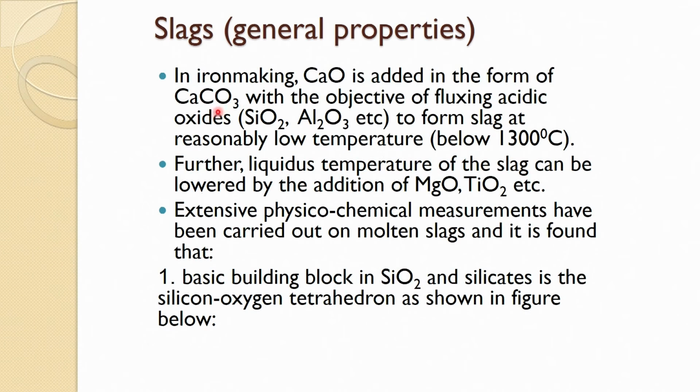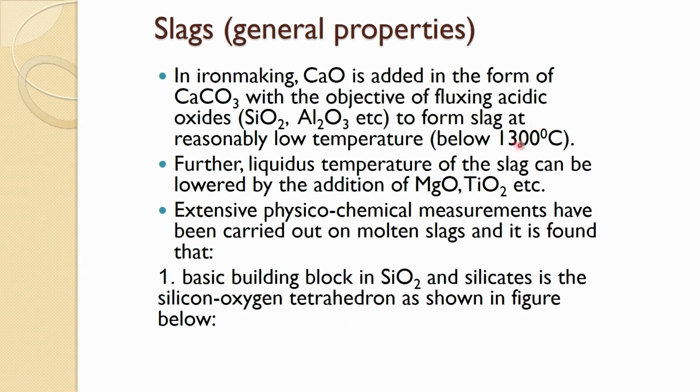It is added in the form of CaCO3 with the objective of fluxing acidic oxides like SiO2, Al2O3 etc., to form slag at reasonably low temperature, that is below 1300 degrees Celsius.